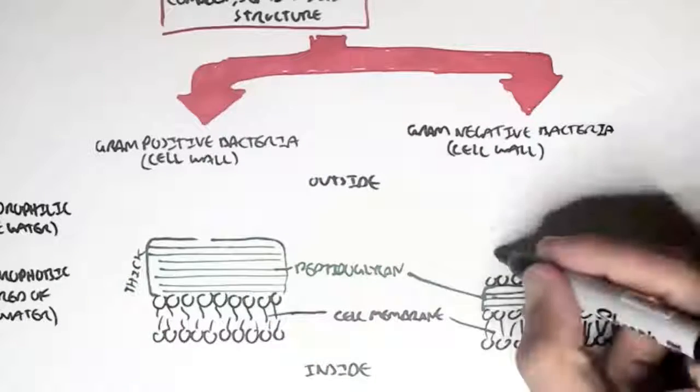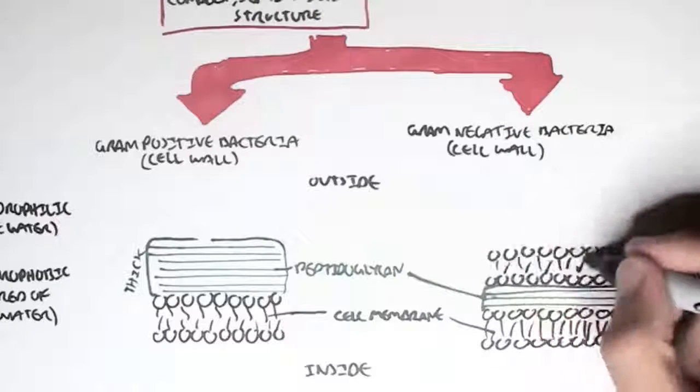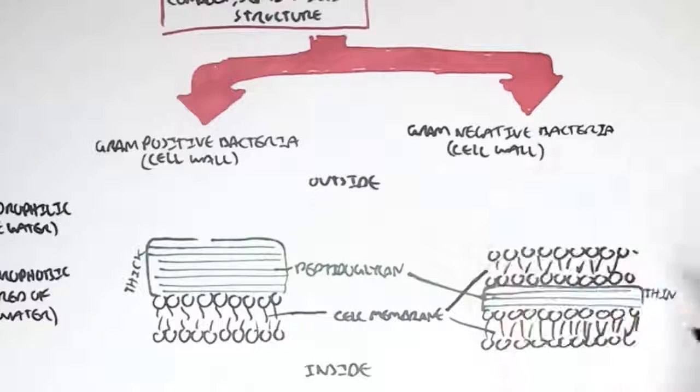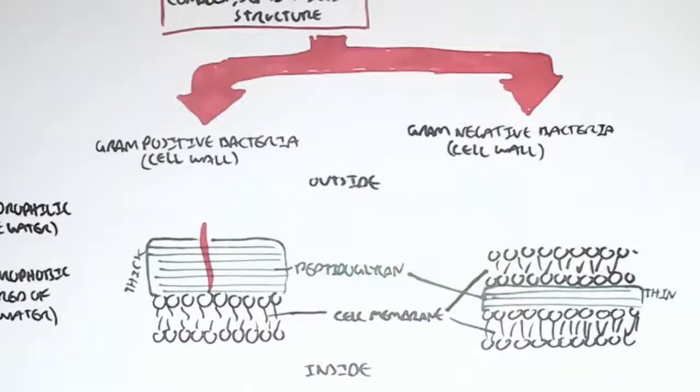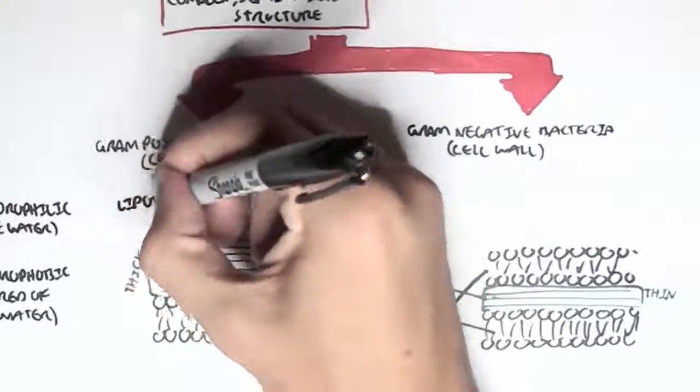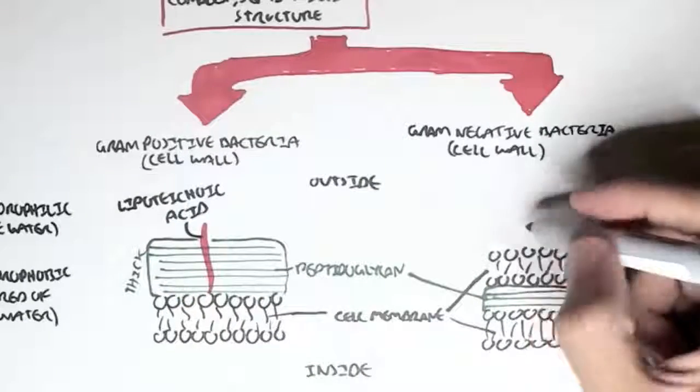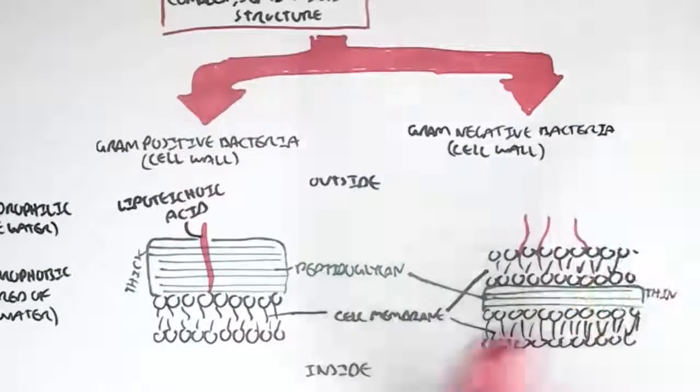In addition to that, the gram-negative has an extra cell membrane above this thin peptidoglycan layer. The other notable difference between gram-positive and gram-negative bacteria is that the gram-positive bacteria has what's called a lipoteichoic acid, which enables it to bind to cell walls or be recognized by macrophages or phagocytes.